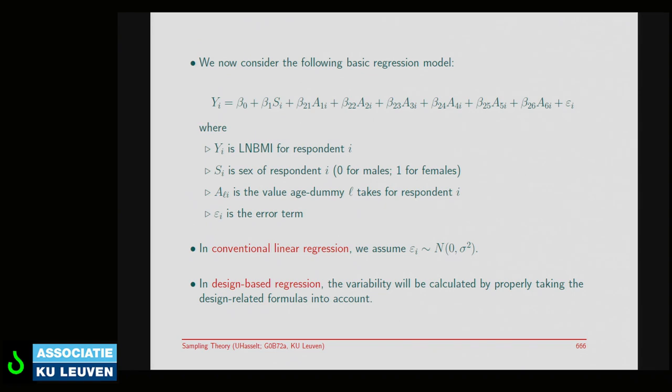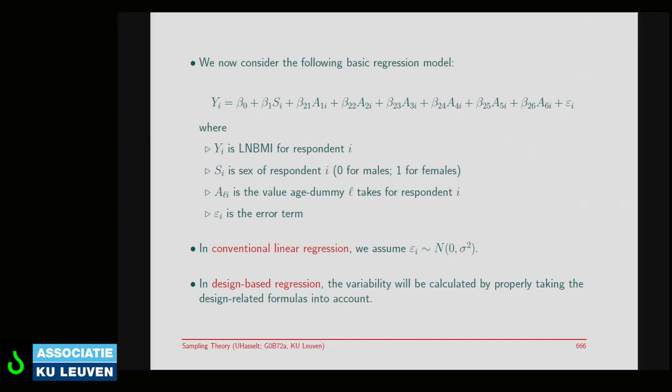Of course, for a given subject, one and only one of the age variables is equal to 1, and all the other dummies are equal to 0, because you cannot simultaneously lie between 35 and 45 and between 45 and 55. As long as we know, people have one and only one age, of course. And then we have the error term.